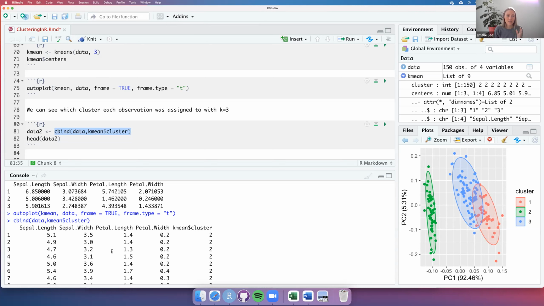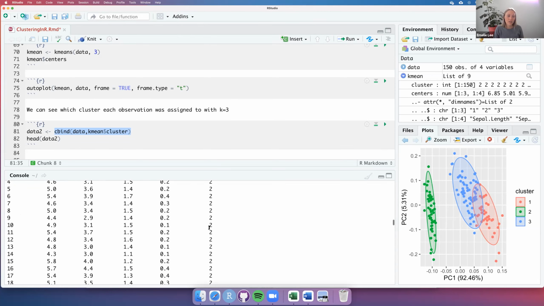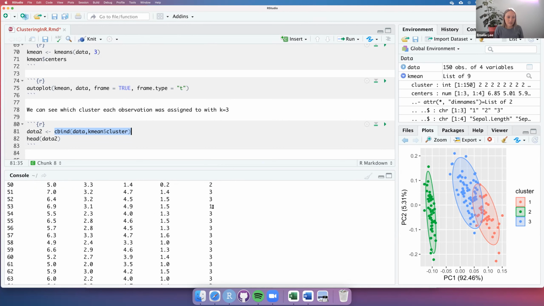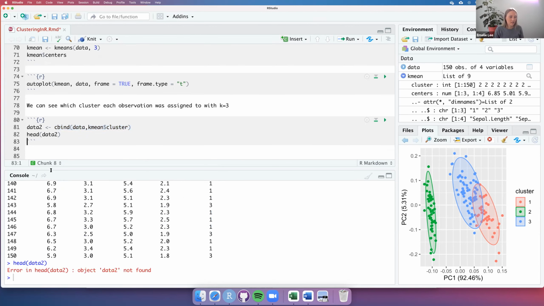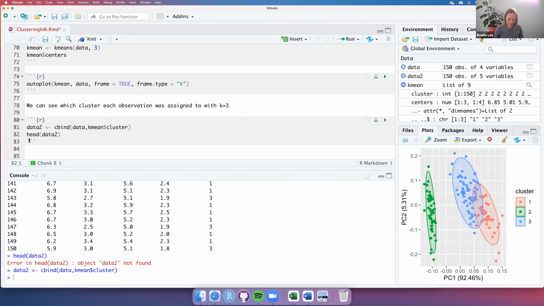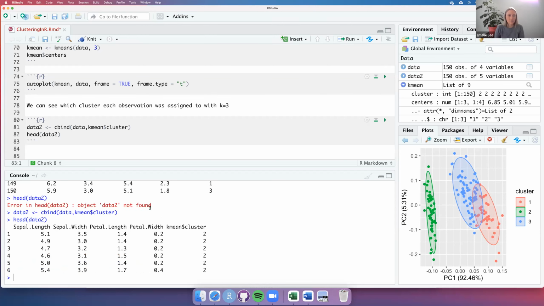We haven't in this case, so just binding it onto the iris data set would be fine as well. But here the KMean$cluster tells me which cluster everyone's in. Hey, this little guy's in cluster 1, just out of nowhere. Anyways, we can, oh, it's because I haven't called data 2. Now it knows what data 2 is, right?